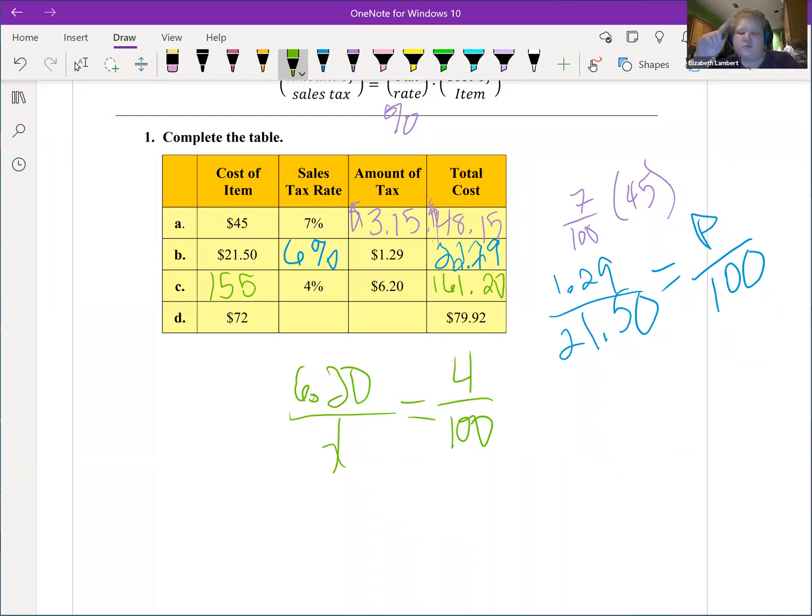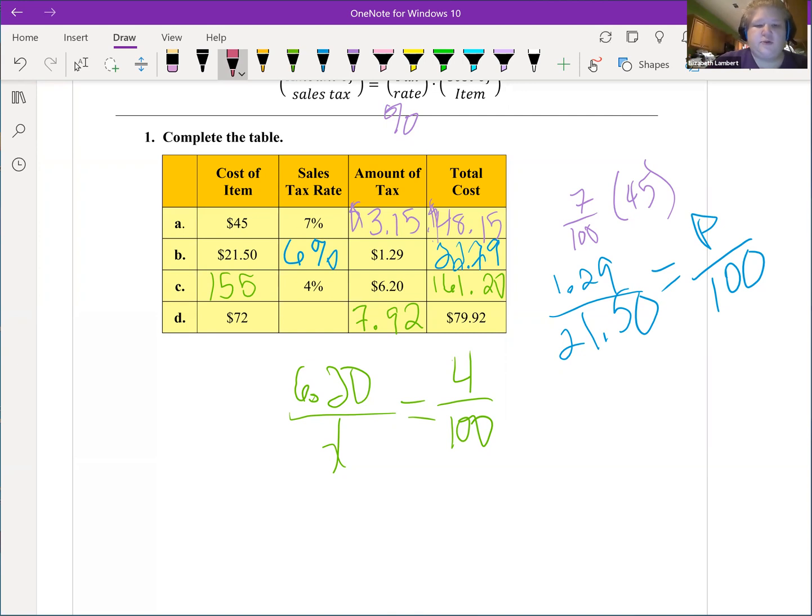Now this last one, I've got to think a bit. I have the total cost and I have the cost of the item. So how would I get the amount of tax? We're going to subtract. 79.92 minus 72, so my amount of tax is $7.92. Now I can do just what I did on B, the blue one over here, to figure out that percentage.